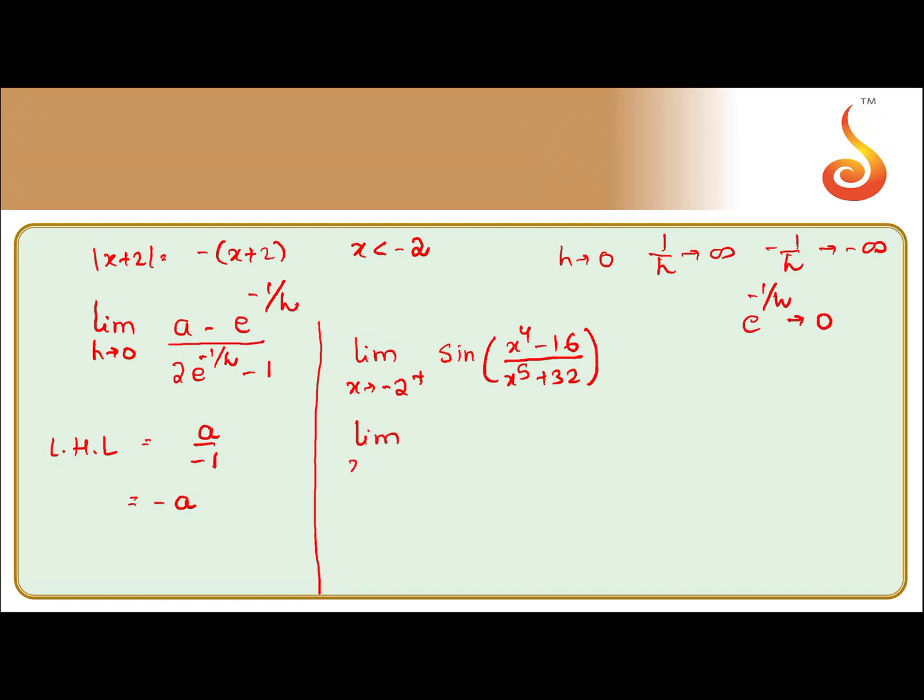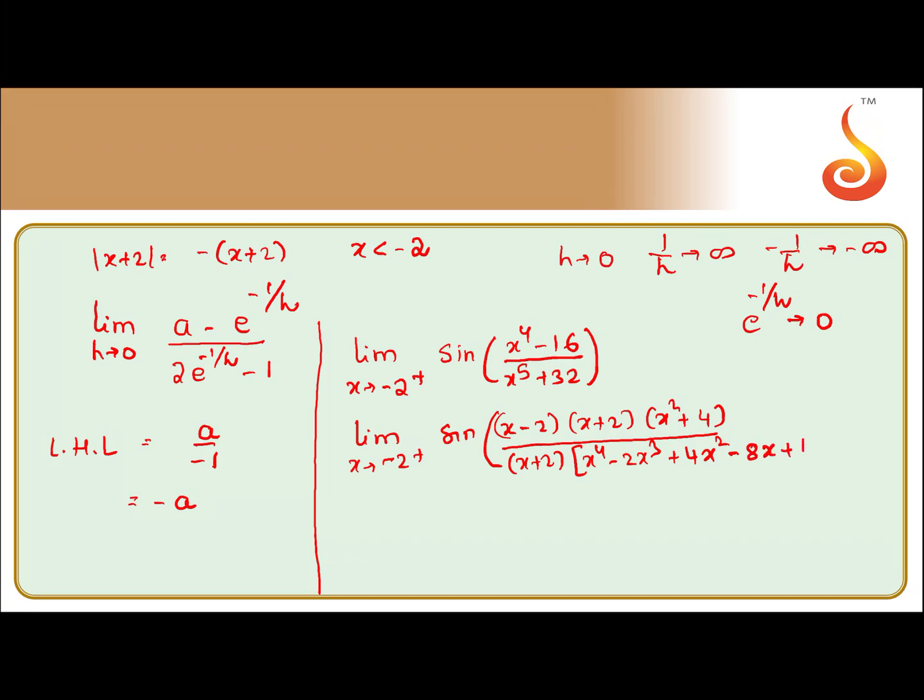So limit x tending to minus 2 plus, the numerator factors are x minus 2 into x plus 2 into x square plus 4. And denominator factors will be similarly x plus 2, very easy to remember, into x to the power 4 minus 2x cube plus 4x square minus 8x plus 16. These will be the factors.